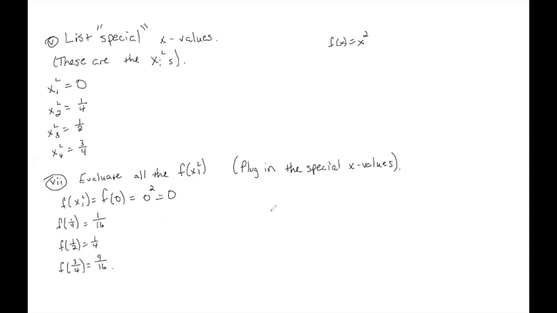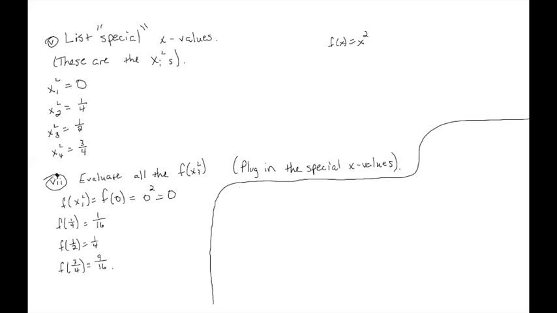Okay. And now finally, I guess I could do it over here. Step 8 is to, oh, what did I do? Oh, I didn't mean to write that. I'm sorry.